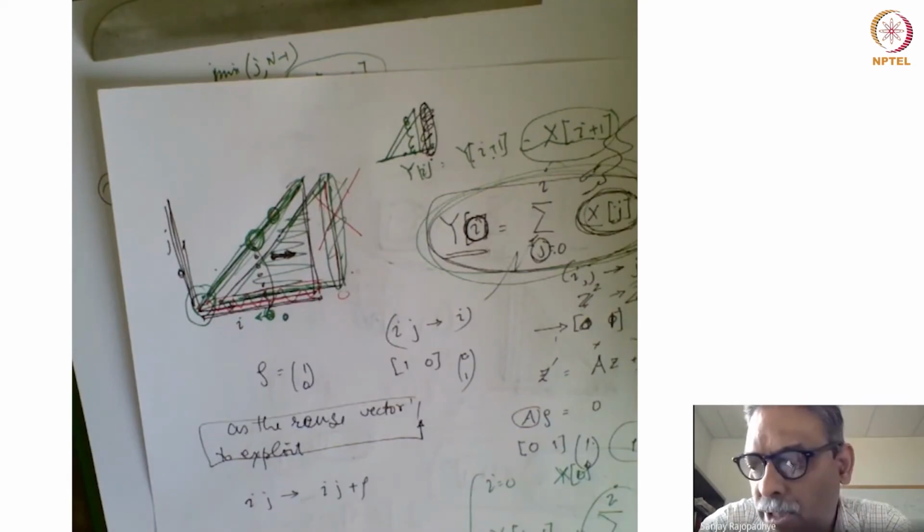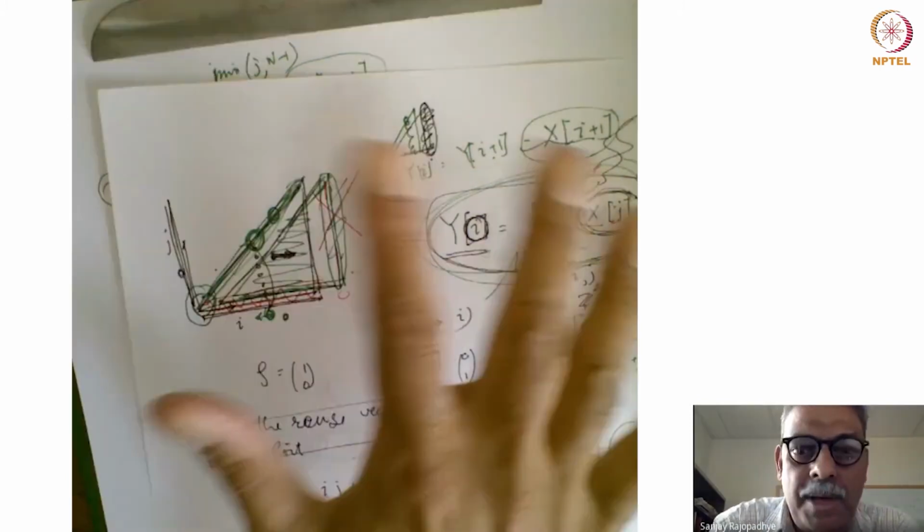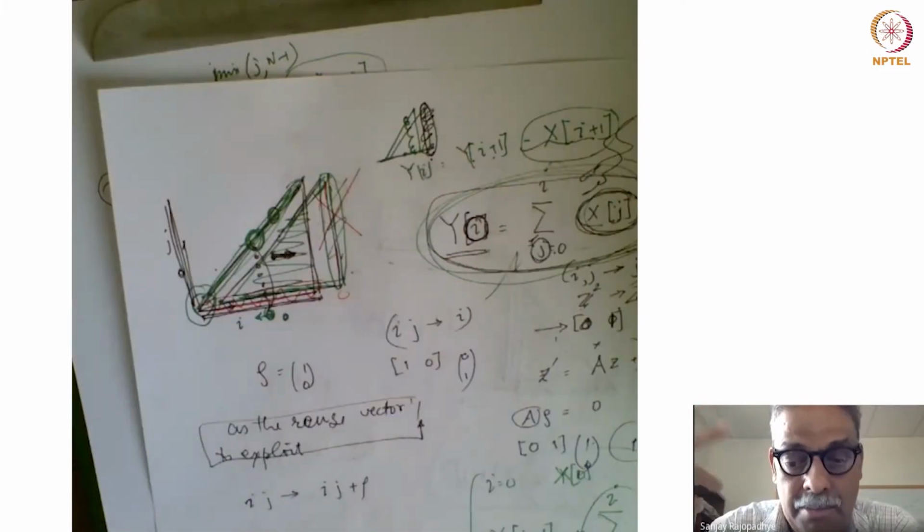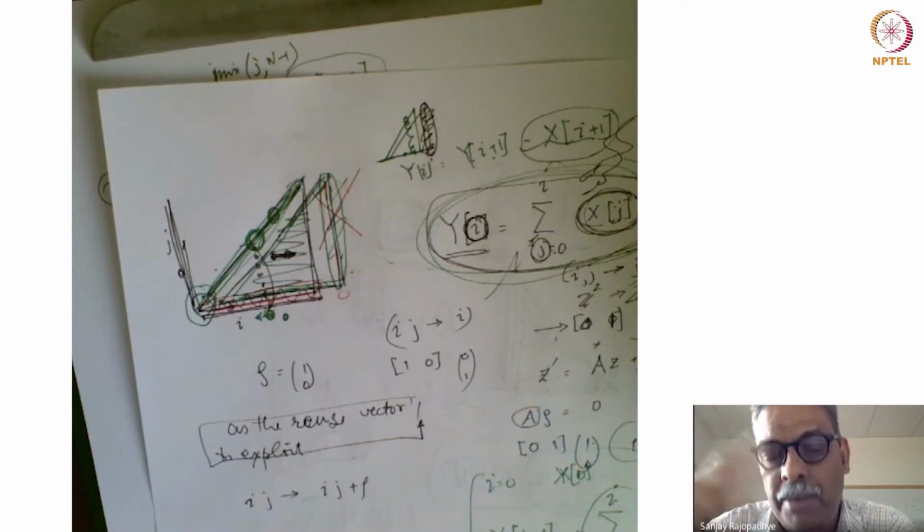So the moment I throw in these max-like operators that do not admit an inverse, things become complicated. And the entire feasible space of reuse vectors that can be exploited cannot be used. There are some reuse vectors that are not legal anymore.